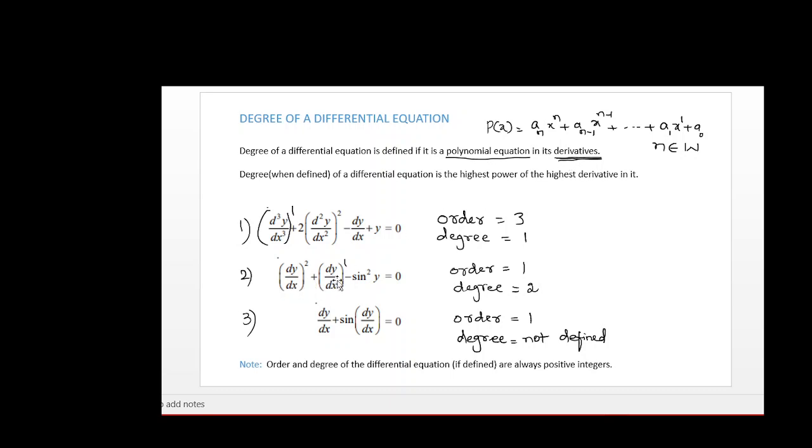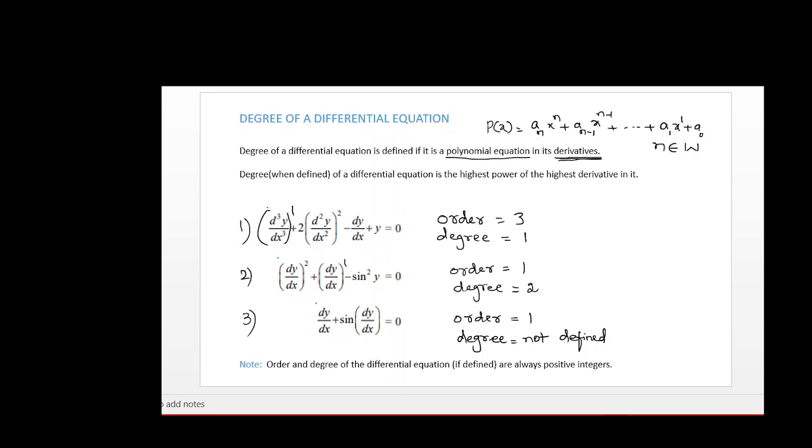So the derivative terms' power should be positive. Whether it contains y or x doesn't matter. Only these terms' power should be positive. So whether we have sin^2 y or sin^2 x, in that case the degree will be defined. Terms like sin(dy/dx) or sin(d^2y/dx^2) should not be involved. In that case, the degree is not defined.